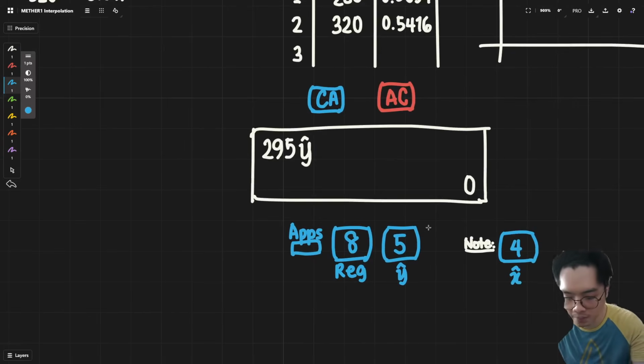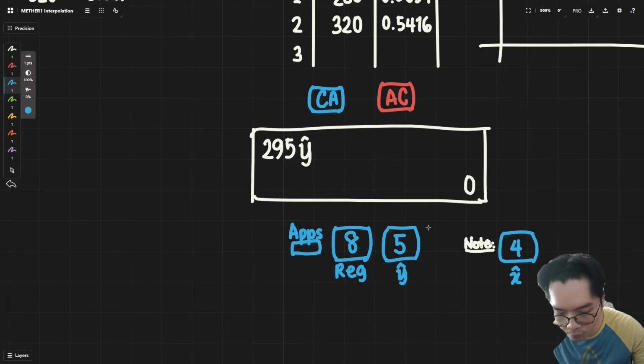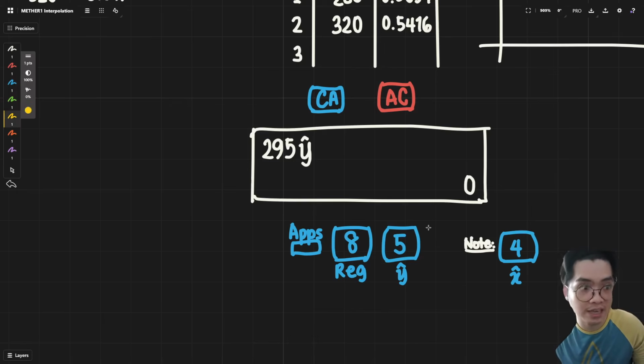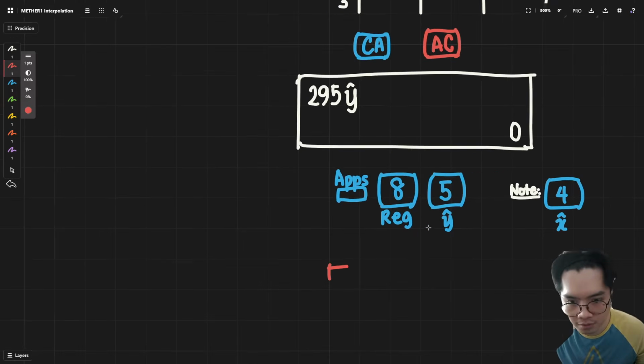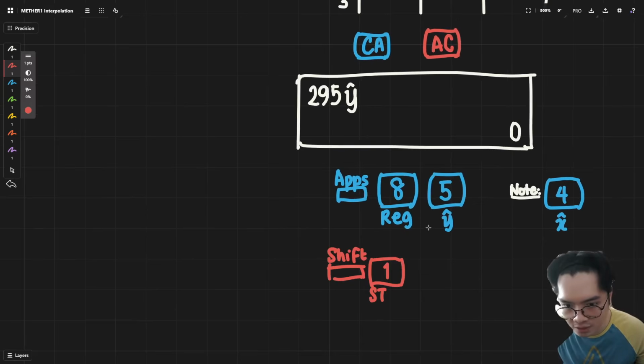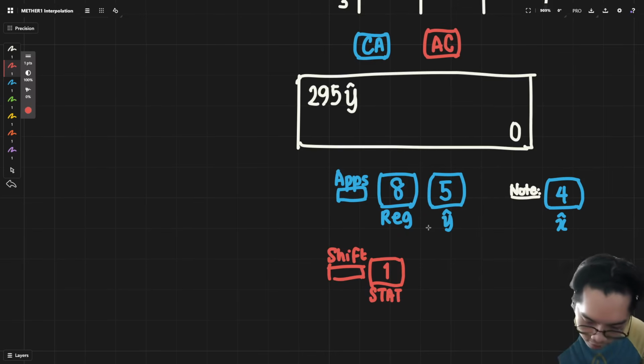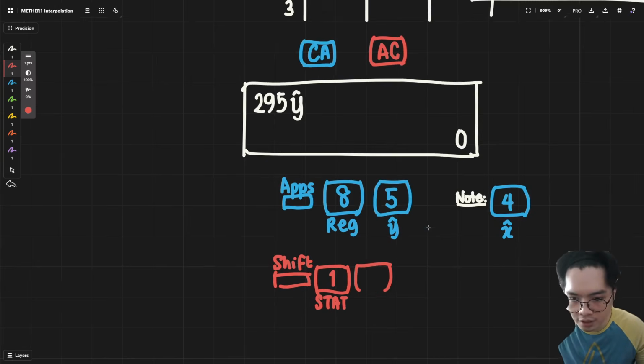For your Casio naman, you are supposed to look at the numpad. If you see in the numpad, there is the word stat on the number 1, but it's yellow. So what you should do is press shift so you can access that yellow bit, and then go to number 1, that is for your stat. So shift 1, and then as you can see in here, you will also see number 5 regression.